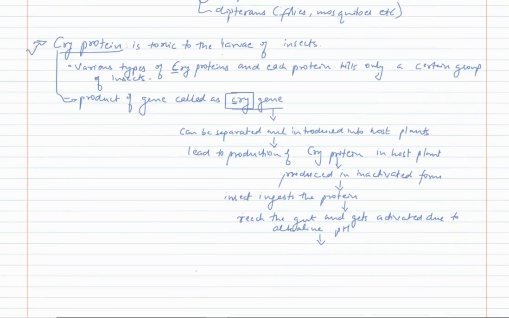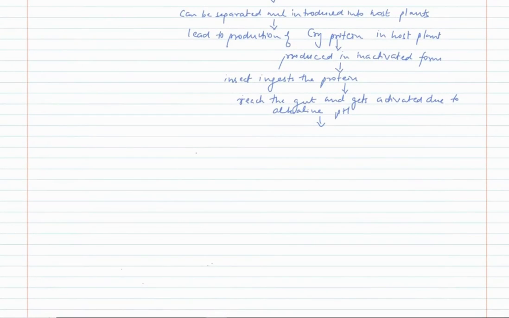This inactive protein requires alkaline pH to get activated, therefore it will not harm the humans, because in humans the environment in the stomach is acidic, so this protein will be completely inactivated. This will lead to lysis of cells in the gut and ultimately the death of insect. So the insect feeding on this plant, which is containing this cry gene, will die off.